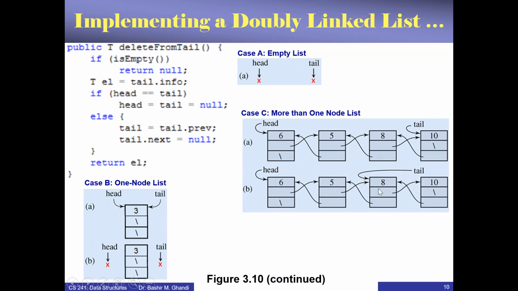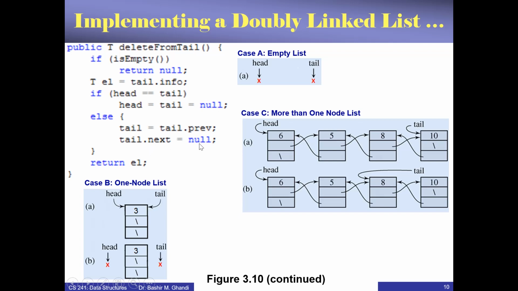Now we need to break this link, because if we can do that, then this node will have no reference, so it will be garbage collected. The question is, how do we reach this link? It is simply tail.next. Remember, tail.prev, tail.info. So all we have to do is say tail.next becomes null. And that's exactly what the second line is doing.